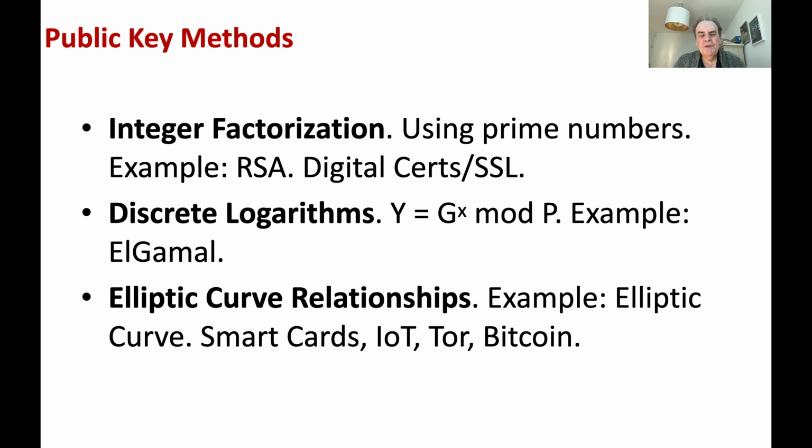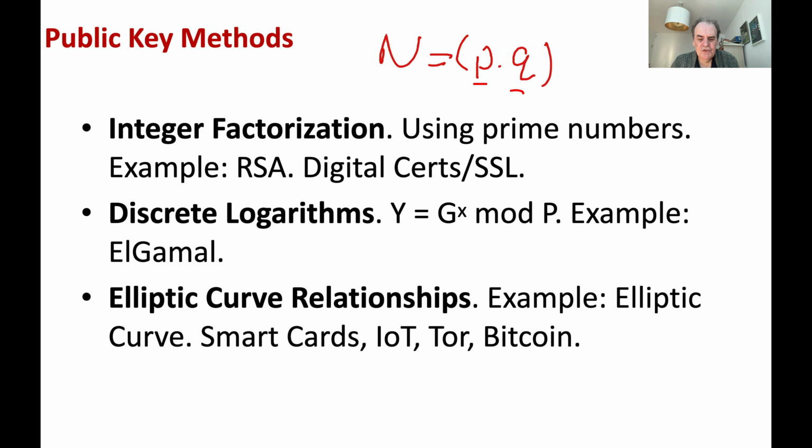So the main methods that we use for public key encryption, or the main difficulties, are with integer factorization. As we'll find, we create two prime numbers, p and q, and we create a public modulus called n. The difficulty here is to be able to factorize n into p and q, given that we have large prime numbers.